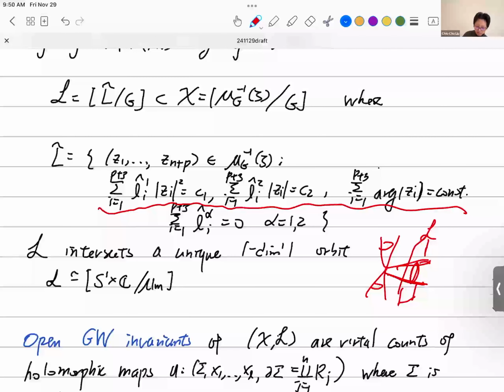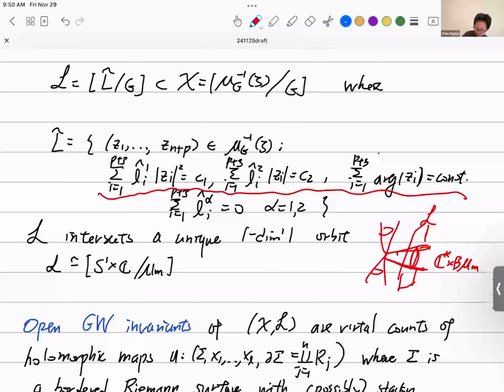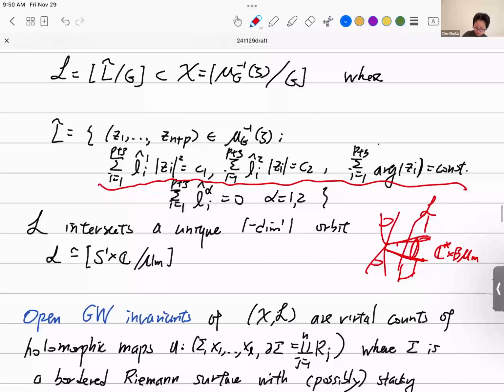But now the one-dimensional orbit in the orbifold case can be like C star times B mu M. And if you take the closure, it will be like C times C quotient by, oh sorry, let me.